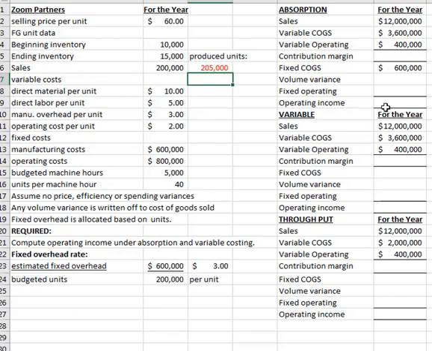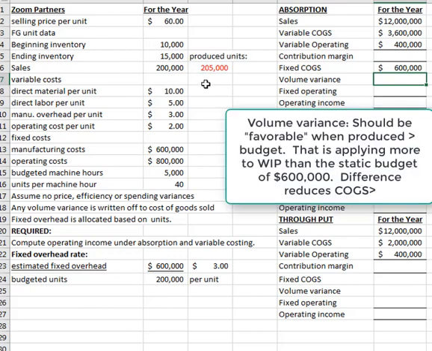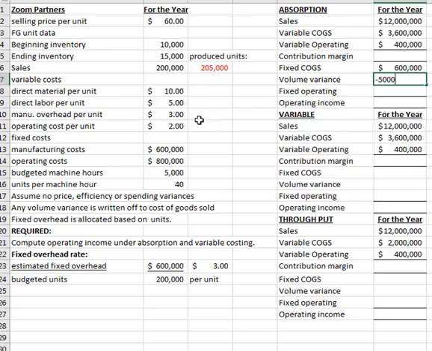So we do have a volume variance. And since we produced more than the budget, that's unfavorable, meaning that we applied too much in the work in process, and so it's going to be a minus. We're going to reduce cost of goods sold by that.